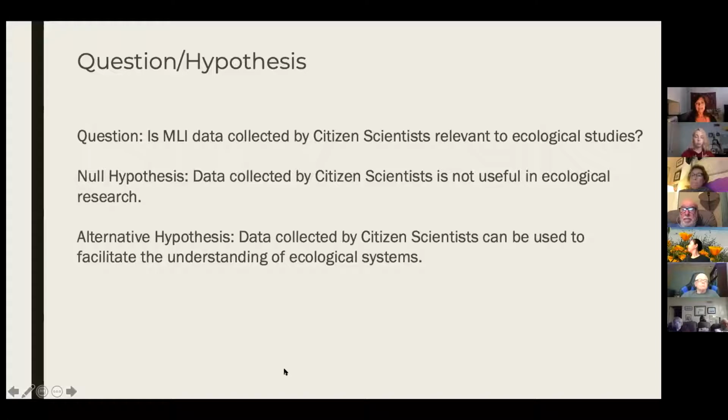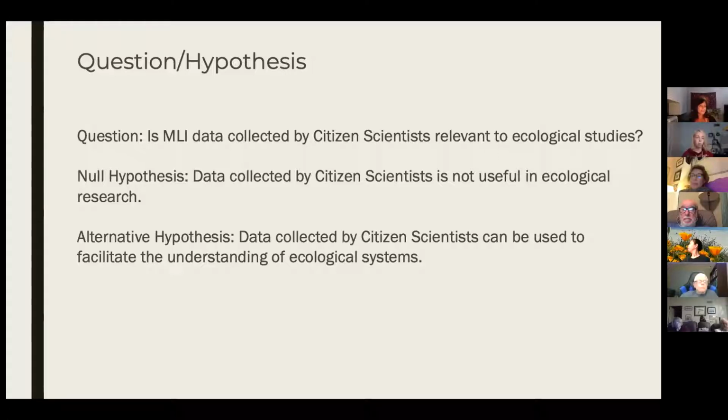So again, our purpose for this talk is to consider whether or not this data collected by local untrained citizen scientists, or at least trained within a very short amount of time, could be relevant to ecological studies. Are these things we could actually publish?